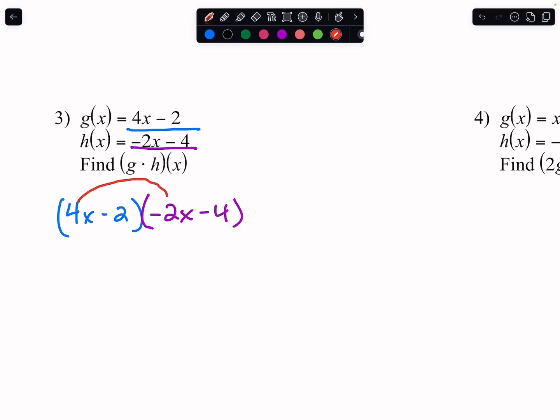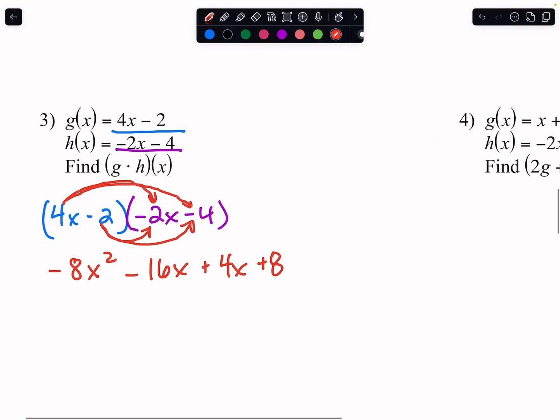Four x times negative 2x is negative 8x squared. 4x times negative 4 is going to be negative 16x. And then negative 2 times negative 2x is a positive 4x. And then the negative 2 times the negative 4 is the positive 8.